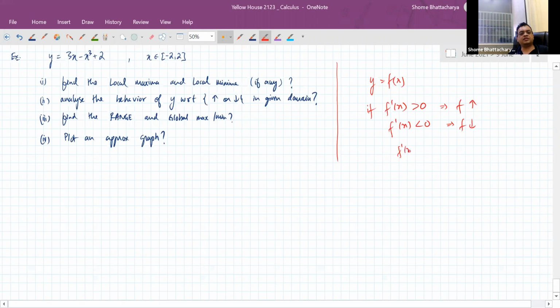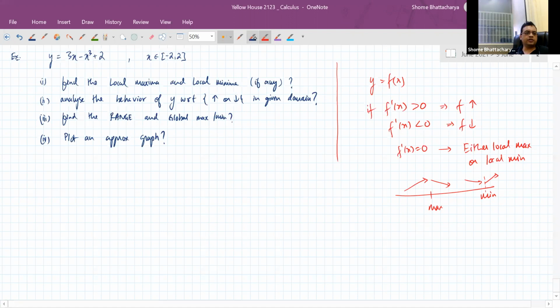And if f'(x) is equal to 0 at a point, then it is either local maximum or local minima. But what will happen is at a point of maxima, the function would have increased and then decreased. At a point of minima, the function would have decreased and then increased. So if you do the analysis of the intervals in which the function is increasing and decreasing, you can understand which sort of point is giving us local maxima and which sort of point is giving us local minima.